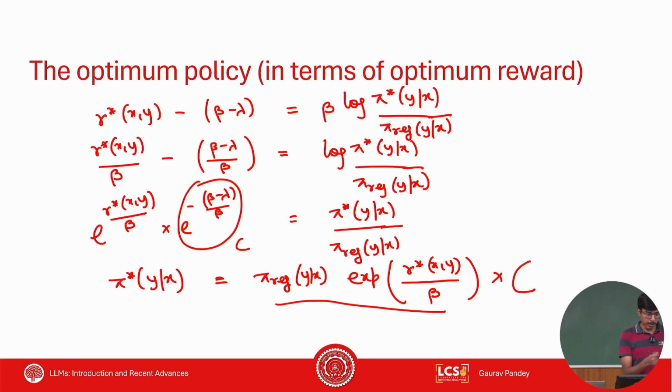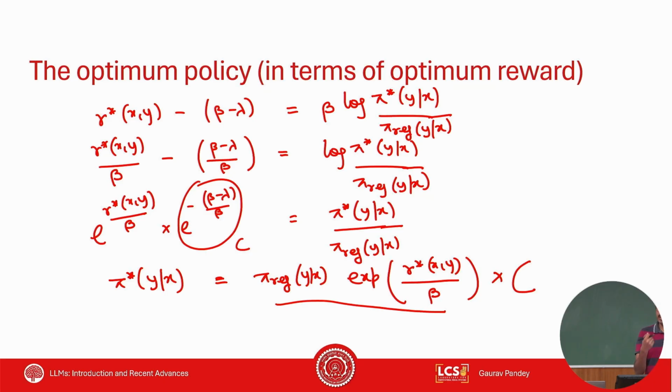Okay. So the optimum policy that you get when you do, let's say, PPO or whatever policy gradient algorithm, is the reference policy, the policy that you start with, times some function of reward, which makes sense. What does this mean? Your optimum policy will give high probability to something only if both conditions hold.